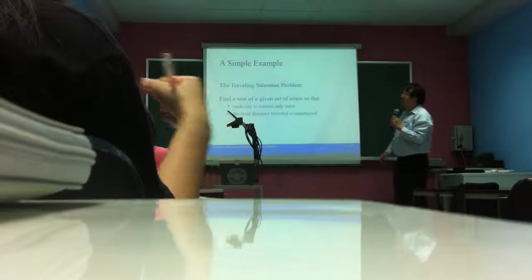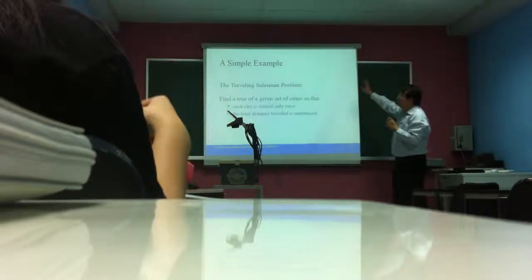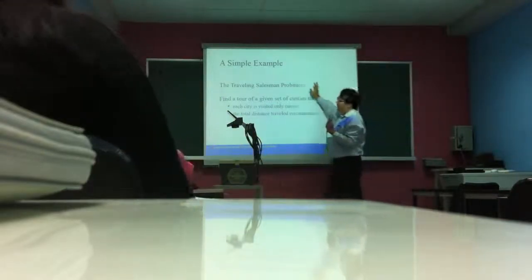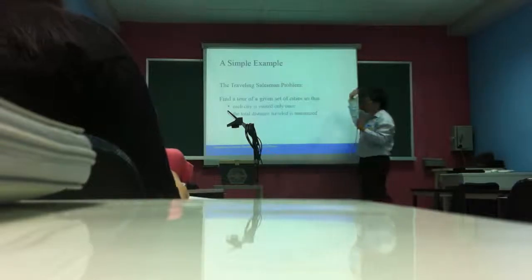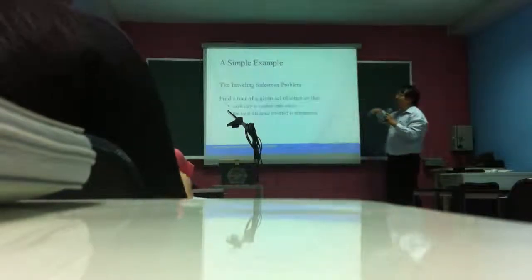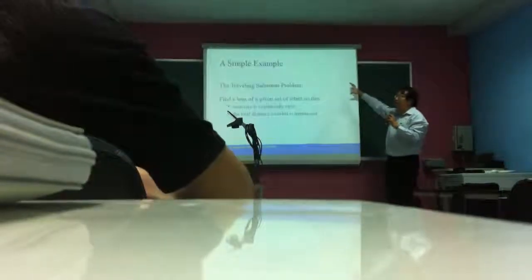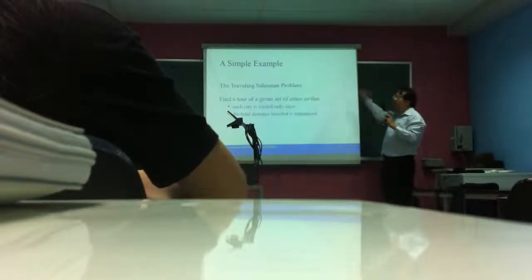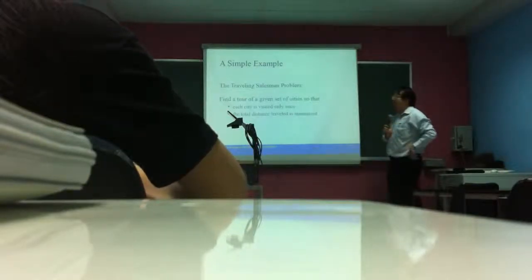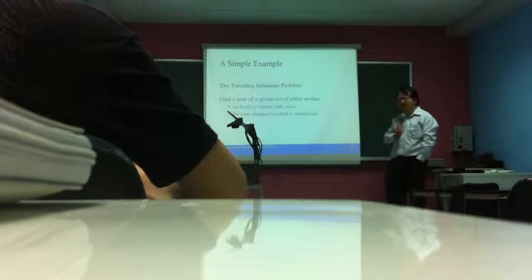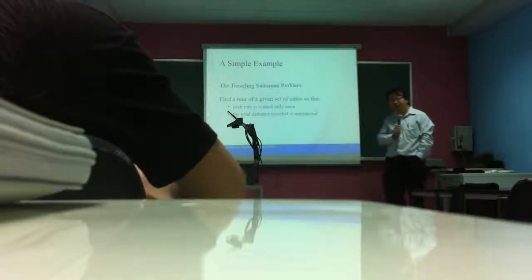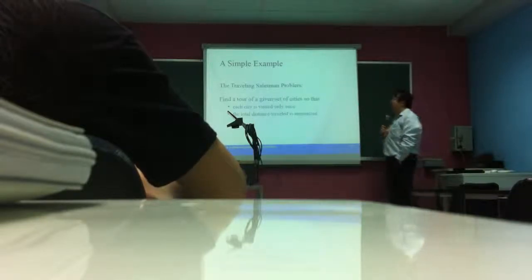Okay, let's see the example. This is a classic example that we normally use to describe the genetic algorithm. And this problem can also be solved with other algorithms. We call it the traveling salesman. Have you ever heard of it before? Traveling salesman.